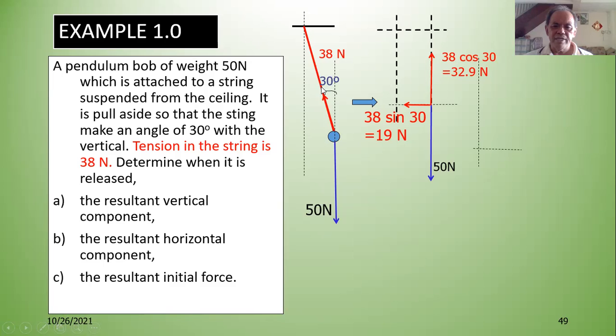Next to the angle, 38 cos 30. And you can simplify this one. It's still the same. There's no others on the other side. You can put it as 30. That one is greater, 50 minus that one there. So 50 minus 32.9 is 17.1. Complete your rectangle. That's your resultant.